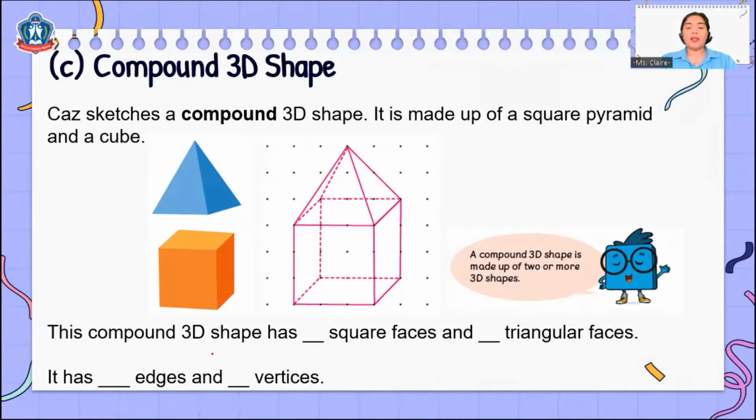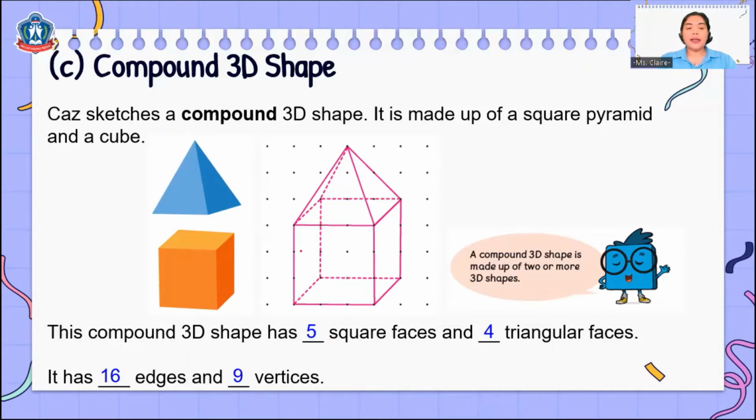This compound 3D shape has 5 square faces and 4 triangular faces. Remember that a cube has 6 faces, so it becomes 5 now because this one here is already covered by the pyramid. It has 16 edges and 9 vertices.